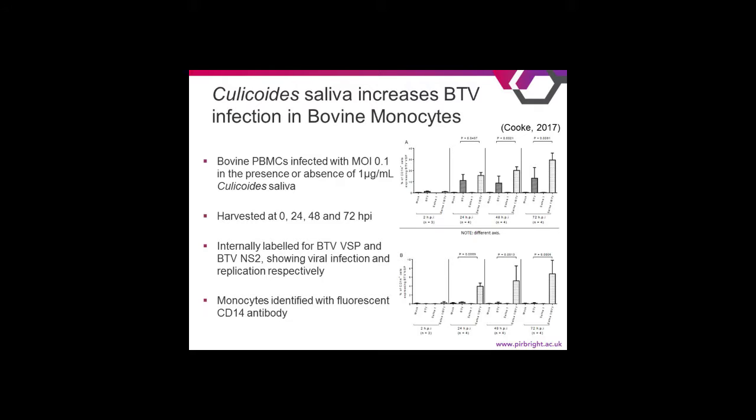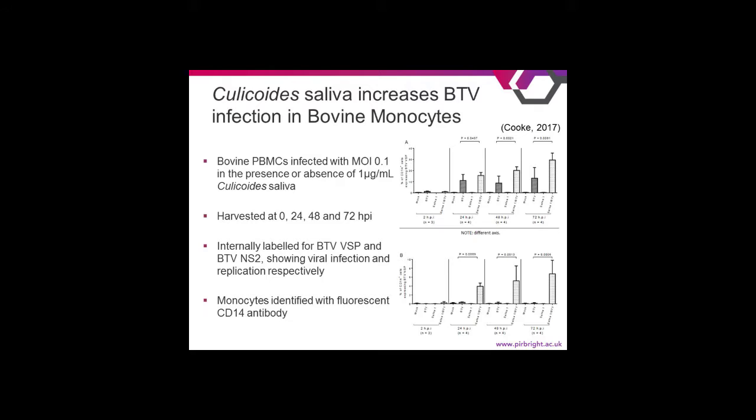As you can see on the top graph, this shows the percentage of CD14 positive cells that express blue tongue VSP. The darker bar is the cells infected with blue tongue alone, and the lighter bar is the cells infected with blue tongue and saliva.